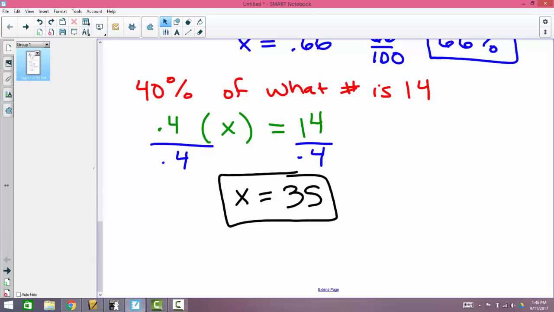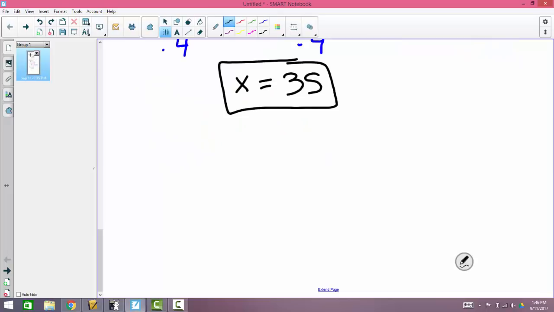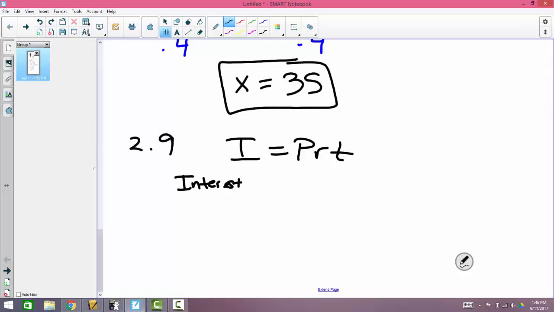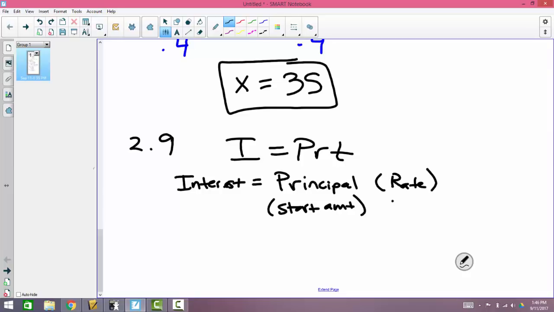I think we could do one more section. So the next section is the lovely formula, I equals PRT, and this just means that interest equals principal, so that's the starting amount, times the rate, which is the percent in decimal form, times the time.